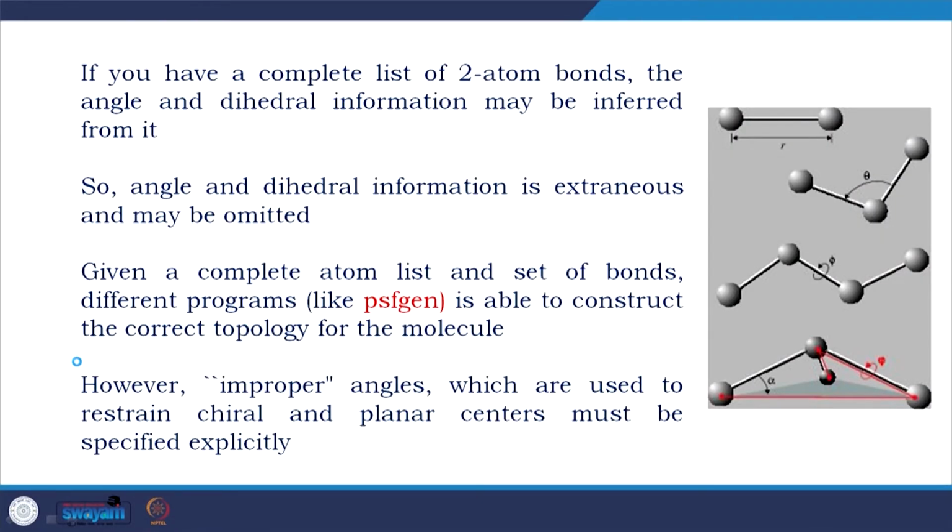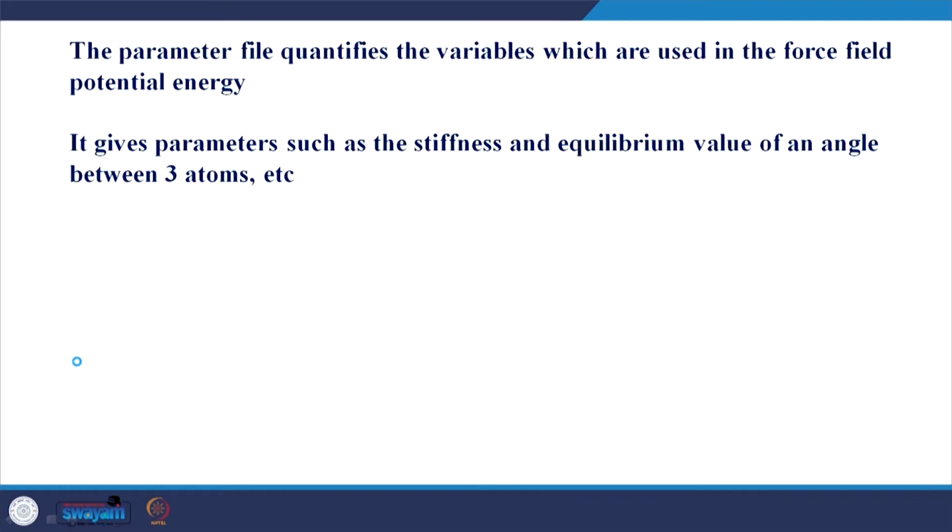However, as I was talking about, improper angles, which are used to retain chiral and planar centers, must be specified explicitly. The parameter file quantifies the variables which are used in the force field potential energy. It gives parameters such as the stiffness and equilibrium.